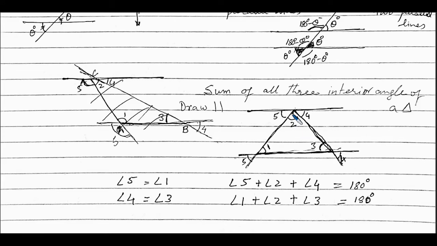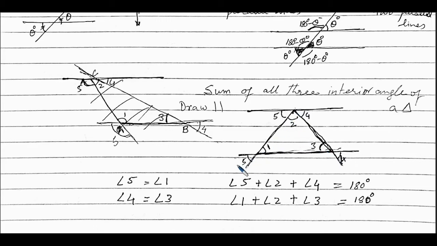Then I know these two are parallel. So if I cut a line here, this angle subtended will be equal to this angle, and I said opposite angles are the same. So angle 4 is equal to angle 3, because this angle is the same as this.